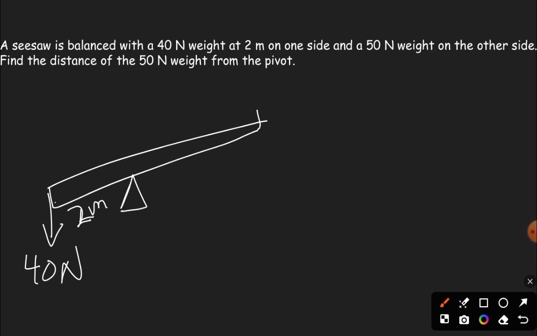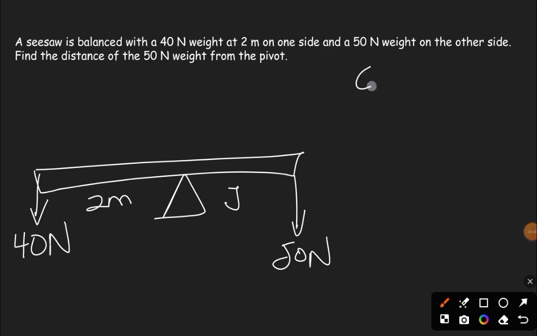So a seesaw is balanced with 40 Newton weight at 2 meters on one side and 50 Newton weight at the other side. Find the distance. So this distance, let's represent with y. Let me not use n because you already have n there. Let me use y.